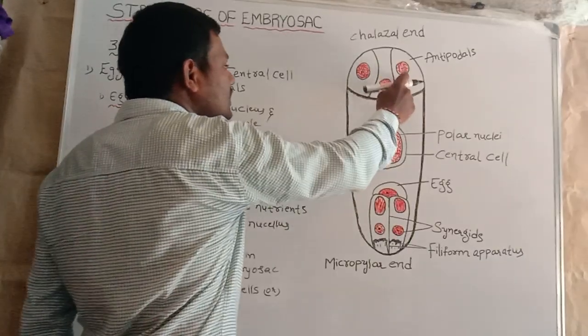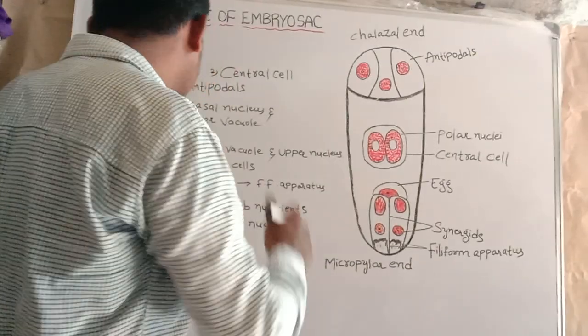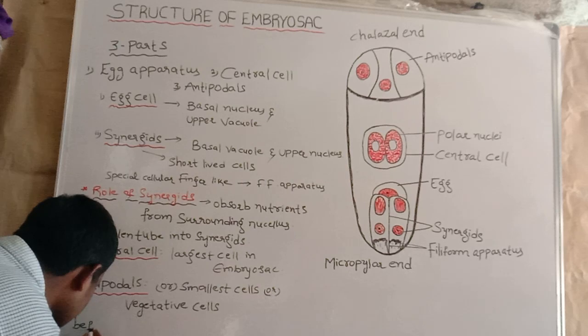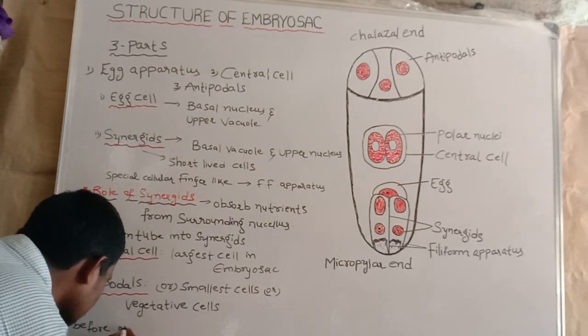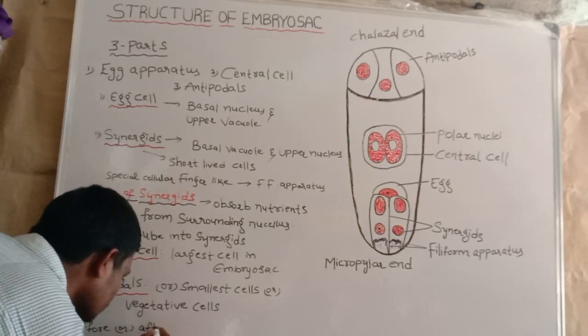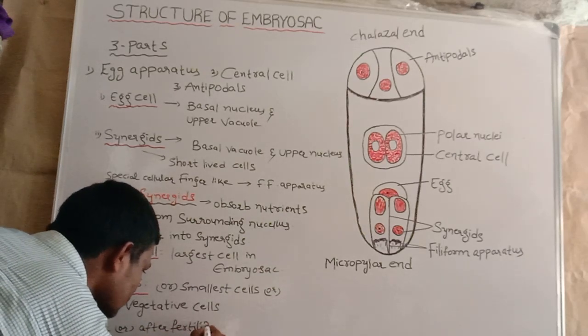These three cells degenerate before or after fertilization.